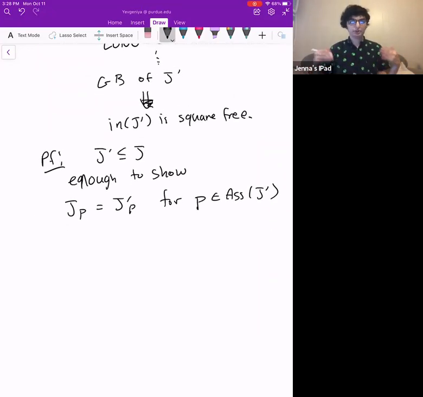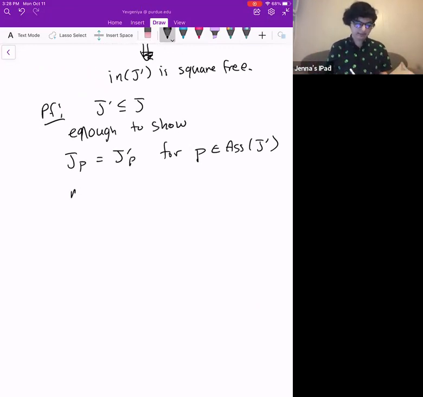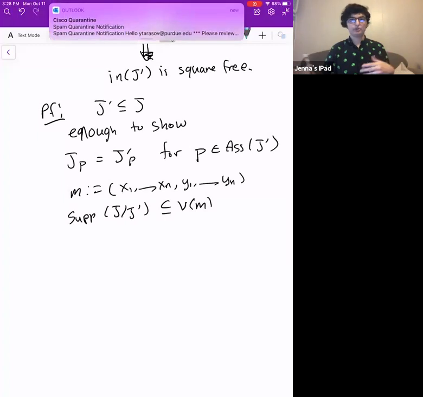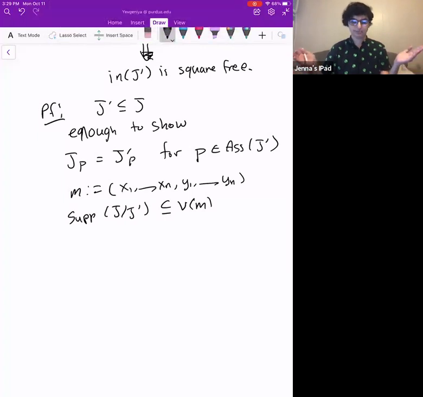And in order to show this, we're going to need this M, which is an ideal generated by all the x's and all the y's. And we're going to argue that the support of J mod J prime is contained in V(M). And just as a reminder, the support is all the prime ideals at which you can localize the module and it won't be 0. And if this module is 0 localized at a prime, then J_P is equal to J prime_P.